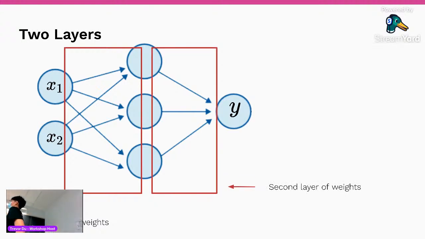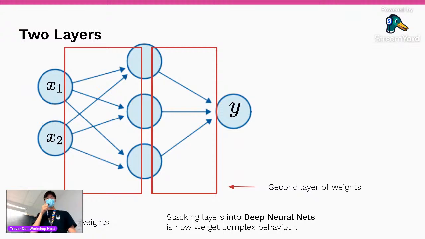And as you see, there's an input layer on the left, an output layer on the very right. And in the middle, in between the input and output layers, people like to call them hidden layers because they're sort of hidden inside the neural network. So stacking layers into deep neural nets is how we get complex behavior and how people drive cars with neural networks.